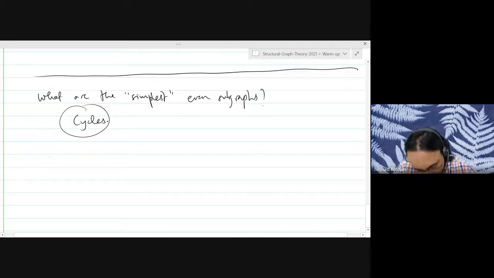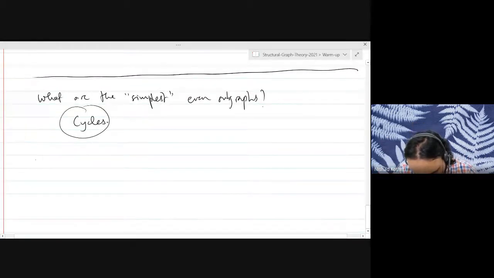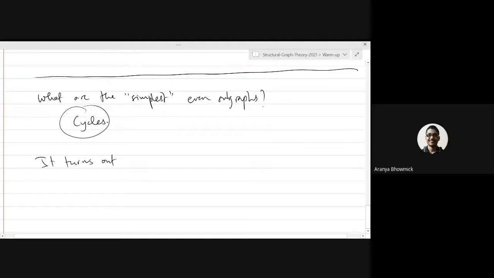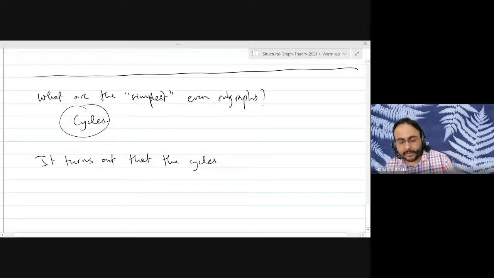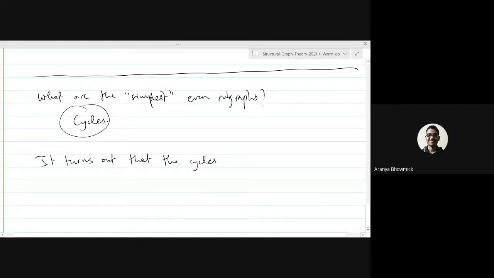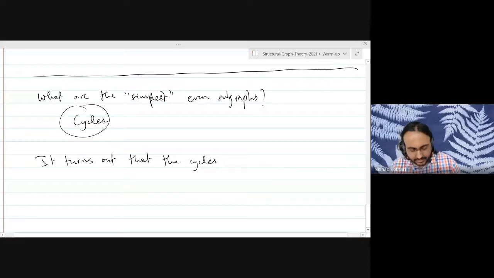Okay, so it turns out. Sir, I have a slight question. Yeah. So the empty graph is also an even subgraph. So how can we generate it using cycles? The cycle symmetric difference itself. Okay, exactly.